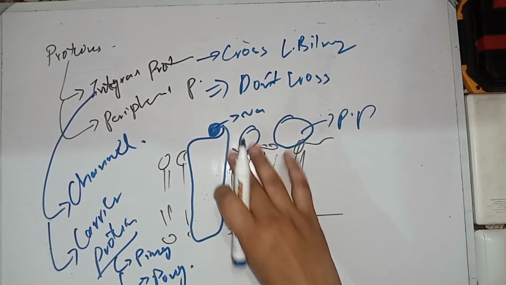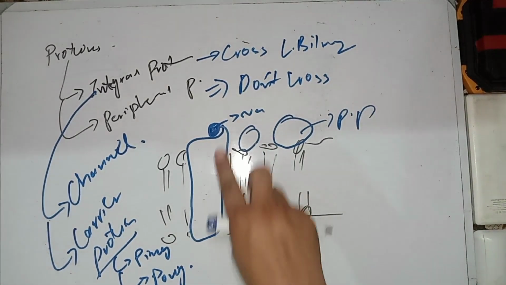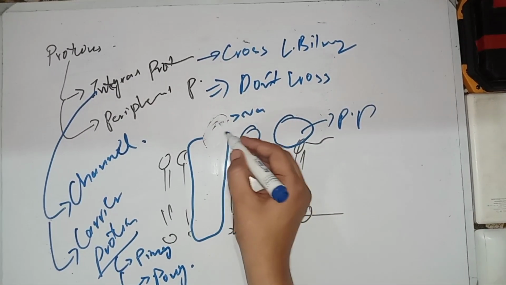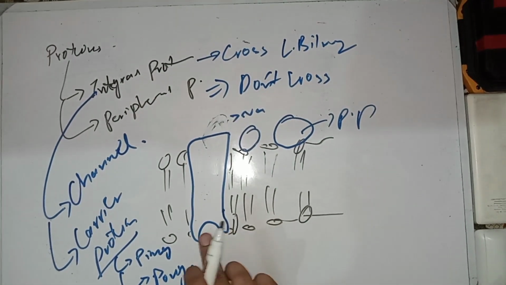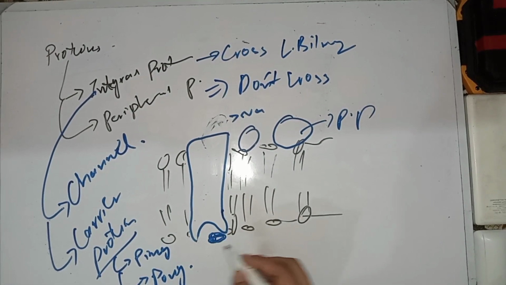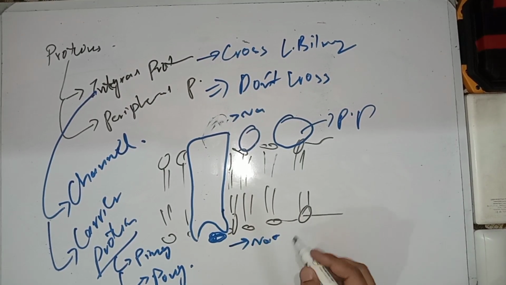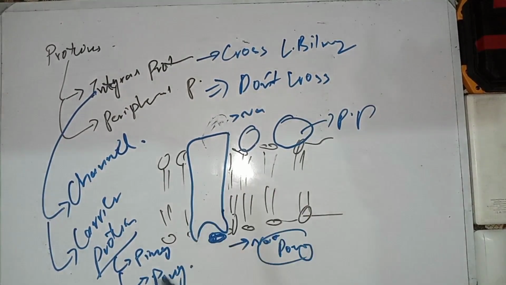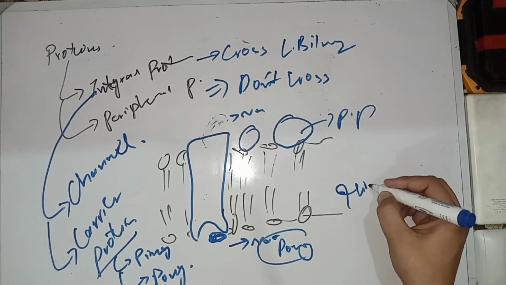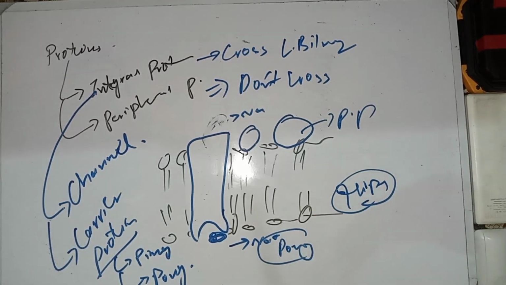It induces a conformational change in this protein, it changes its shape, and this sodium shifts to the inside. So this is now the pong state. The carrier protein flips between ping and pong states and transfers the material across the cellular membrane.